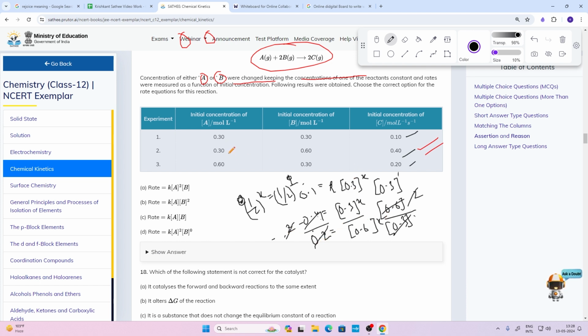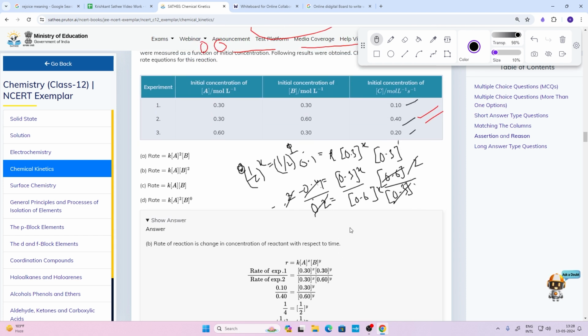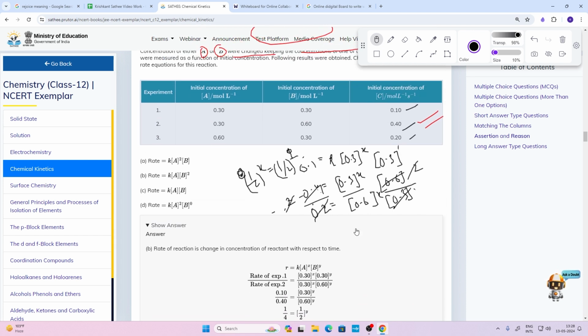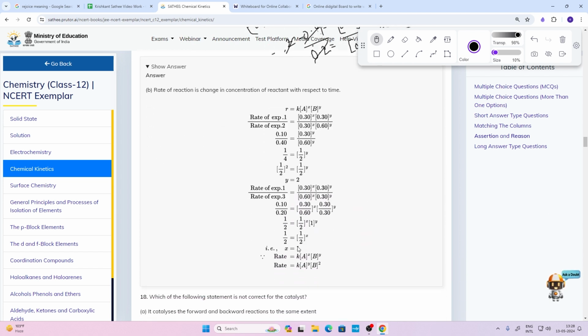So 0.4 by 0.2, and this will be 0.6 by 0.3, and this will be 1 by 2x. Okay, so let us see the answer one time. See, y is coming as 2. So we have counted it wrong in some way. If we just divide 10 by 40, it was 10 by 40. Okay, 0.1 by 0.4. It is 1 by 4 and not 1 by 2. So y is equal to 2, then x is equal to 1. So we have made a mistake here.